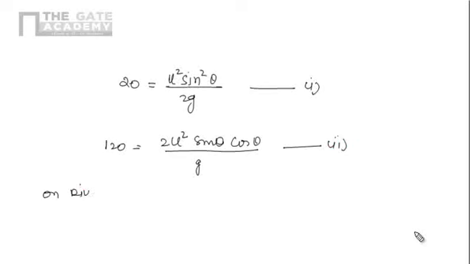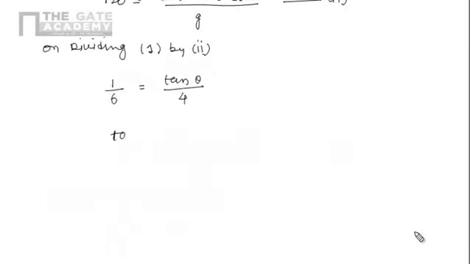On dividing 1 by 2, we have 1 by 6 equals 2 tan theta by 4. So tan theta I can write as 4 by 6, so 2 by 3. So theta will be tan inverse of 2 by 3.